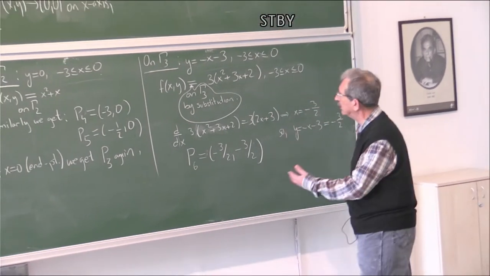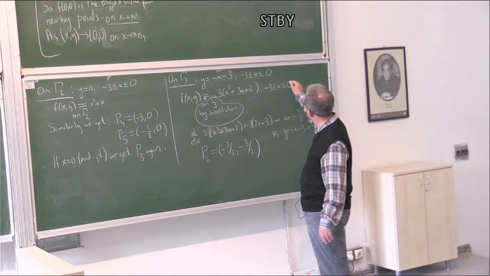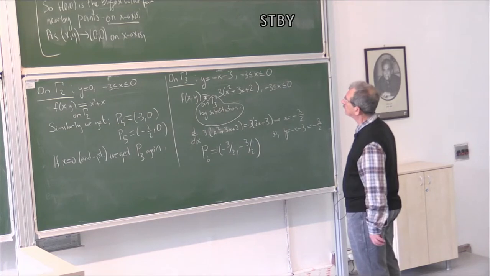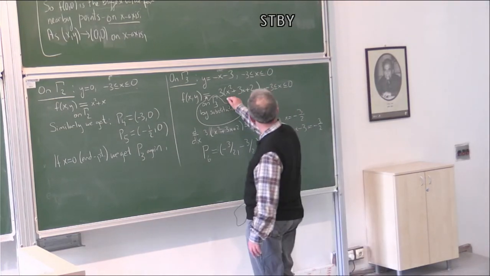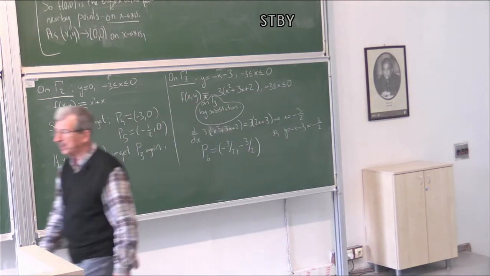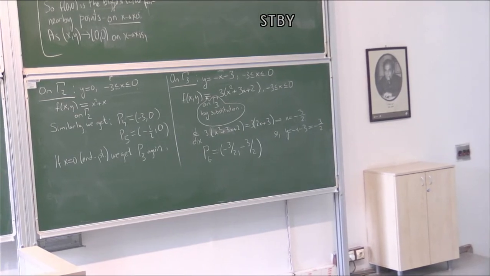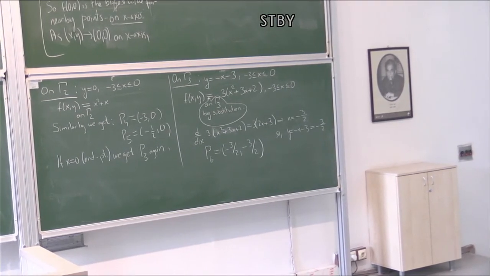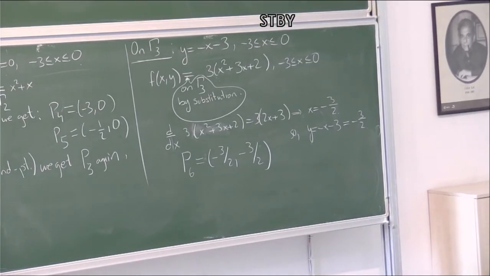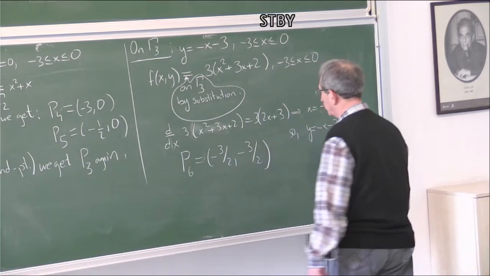Now, when we put x equal to minus 3 or 0 in the function, we get what we had before.